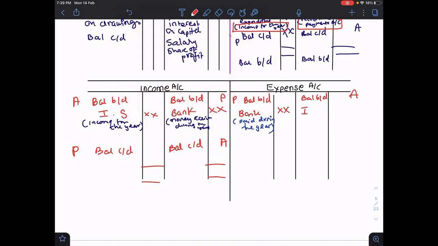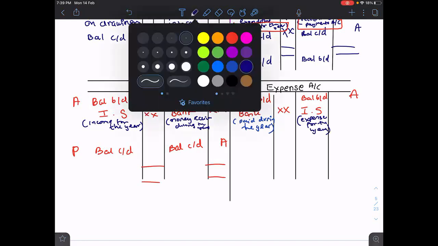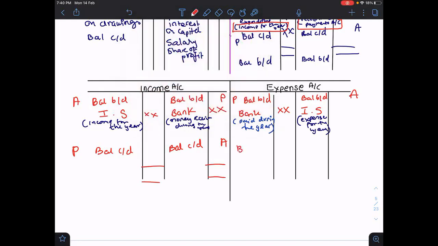Then income statement comes on the credit side, that is money in expense for the year. Then closing balance, which is prepaid, comes on the credit side, and closing balance, that is accrued, comes on the debit side.